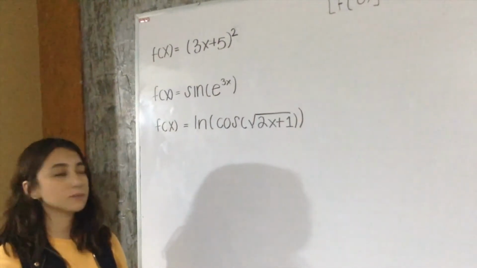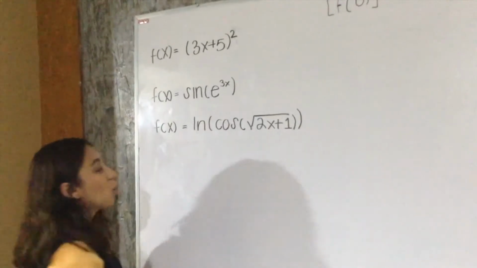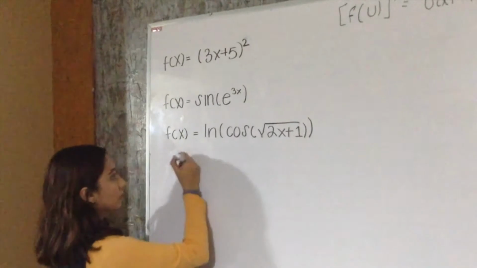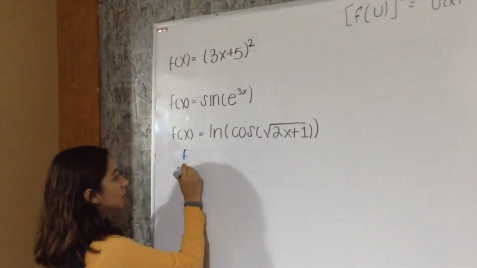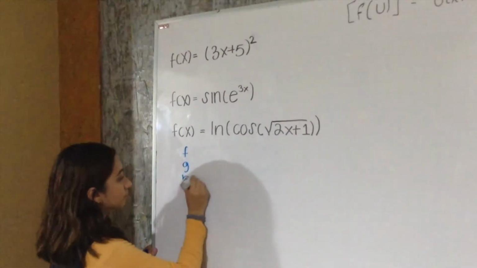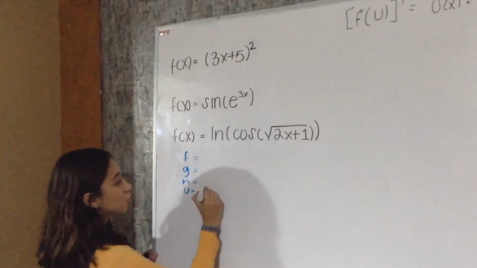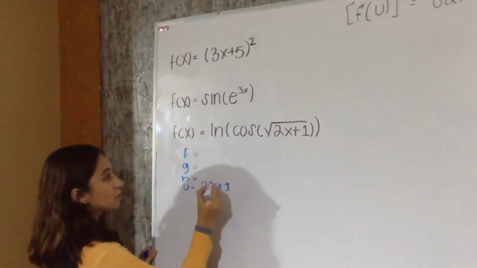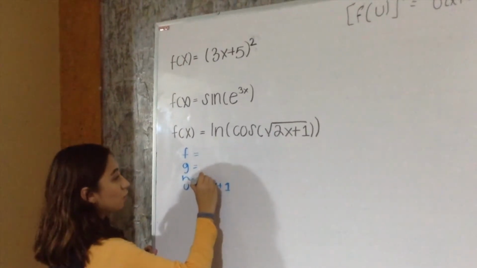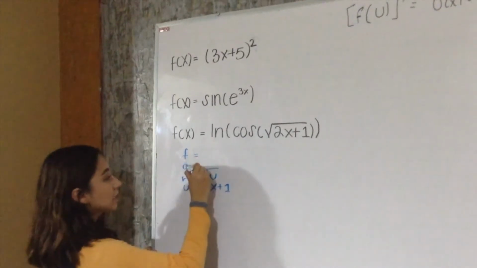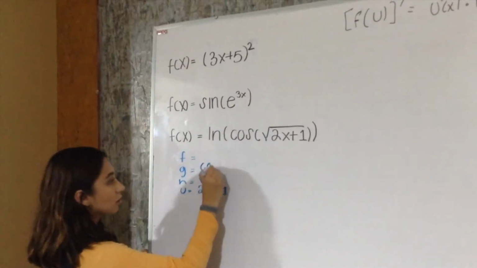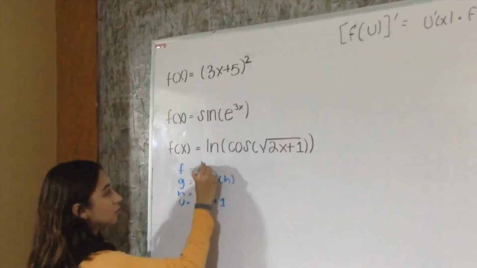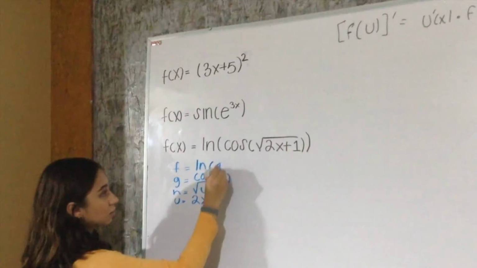Now we are going to obtain the derivative of this function. We are going to identify the function that composed this function. We are going to have f, g, h, and u. My u is going to be 2x plus 1. My h is going to be root of u. My g is going to be cosine of h, and my f is going to be natural logarithm of g.